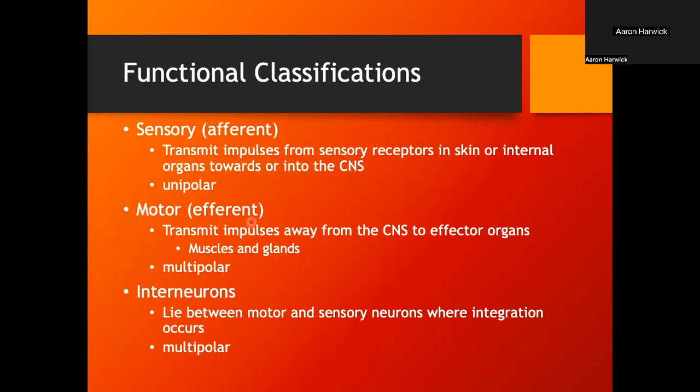Whereas the motor efferent pathways transmit impulses away from the central nervous system towards the effector organs, such as muscles and glands. These motor neurons are typically multipolar. And then interneurons lie between the motor and sensory neurons where the integration process occurs. These are generally multipolar neurons as well.